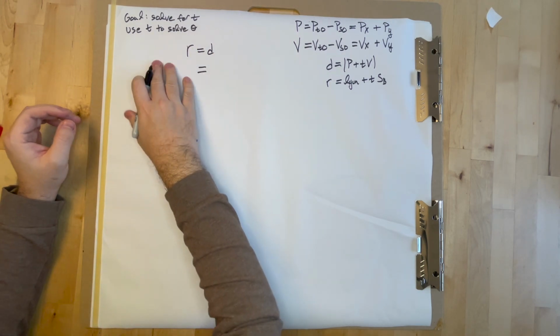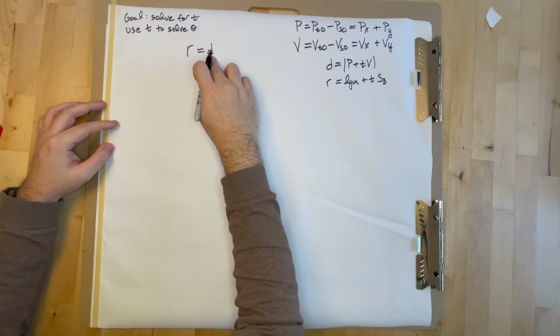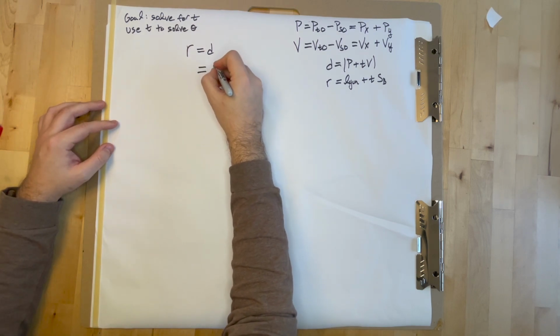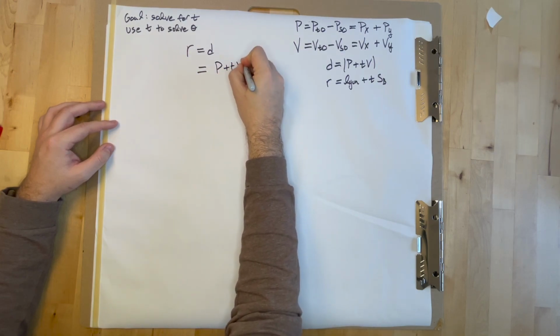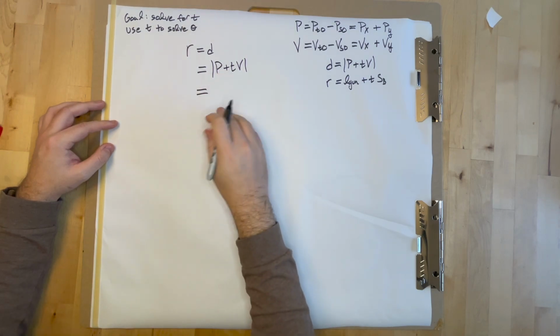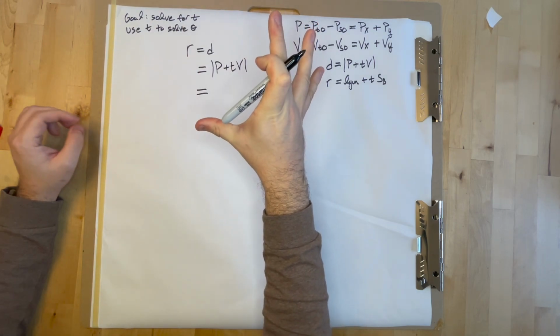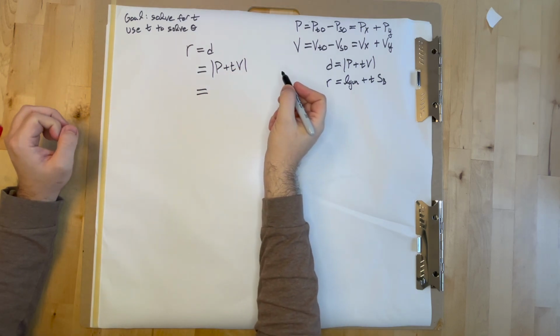And then I'm going to ignore r for a little bit, and I'm going to write out d. So d is equal to, just as we set up here, p plus t times v, and the magnitude of that. The magnitude is basically the length. In order to get the length, we can use the Pythagorean theorem.